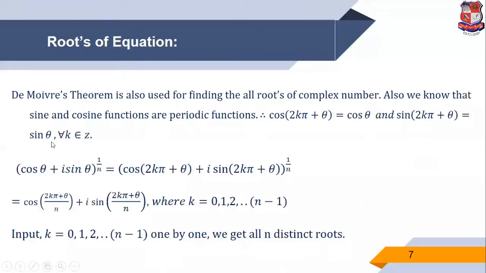So we use both concepts. Then we write cos theta plus I sin theta raised to 1 upon n is equal to cos theta replaced with 2k pi plus theta, so cos 2k pi plus theta plus I sin 2k pi plus theta raised to 1 upon n.